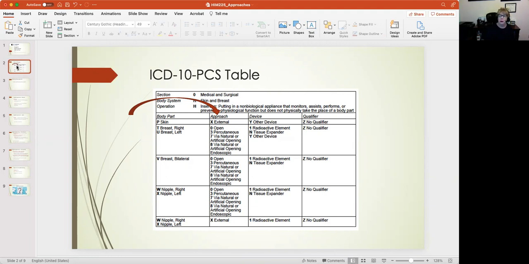But skin is part of the integumentary system, and the breasts, the mammary glands, are part of the female reproductive system. So while what you learned in your anatomy and physiology is foundational, you also need to read carefully and understand the way ICD-10 PCS does it.